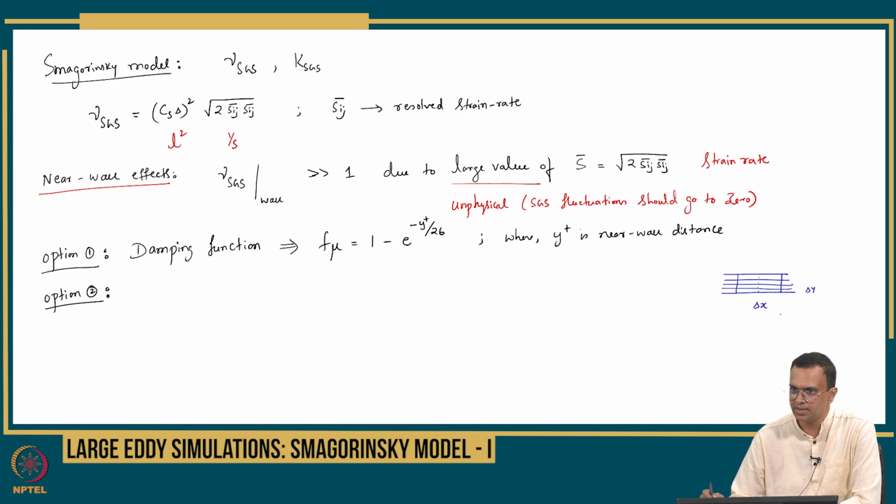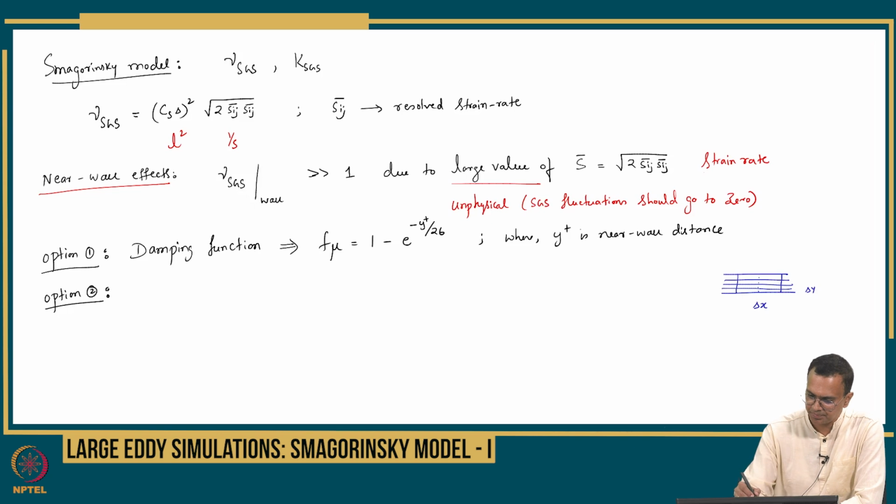So this can be reset using a limiter, using the same idea as this mixing length, using the von Karman constant and the near wall distance. So in option 2 we use a limiter.